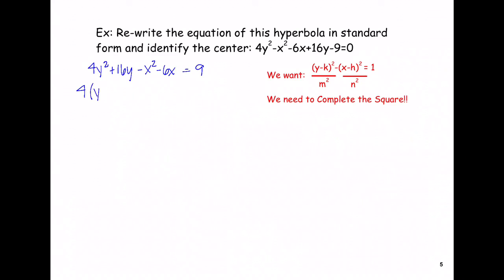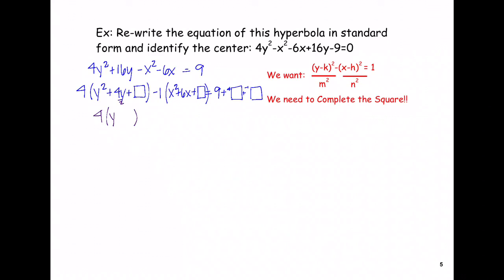We want to factor out the 4, so we get y squared plus 4y plus box. We want to factor out the negative 1, so we have x squared plus 6x plus box is equal to 9, plus we have a little 4 times one of our boxes and a negative 1 times one of our boxes.